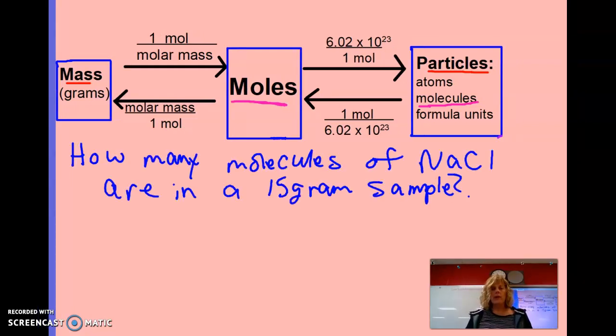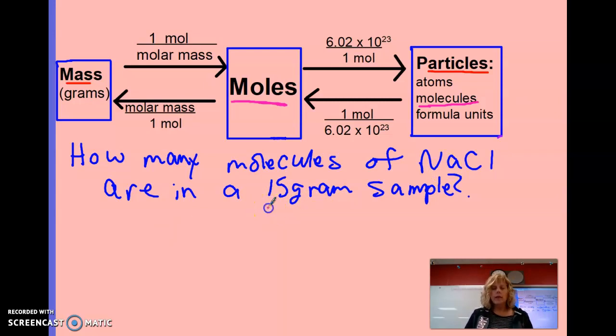So let's say that I want to know how many molecules of NaCl, which is sodium chloride, are in a 15-gram sample. So remember our conversion factors. I have to be clear on my path here.